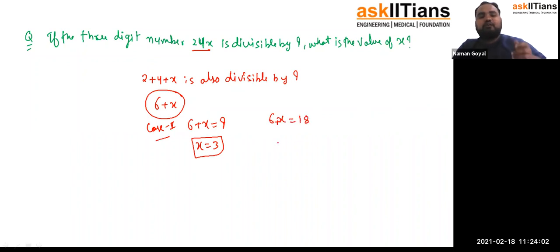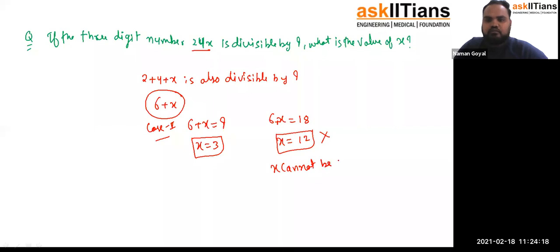If the sum becomes 18, then x is 12, right? But x cannot be 12. Why x cannot be 12? Because x is a digit.